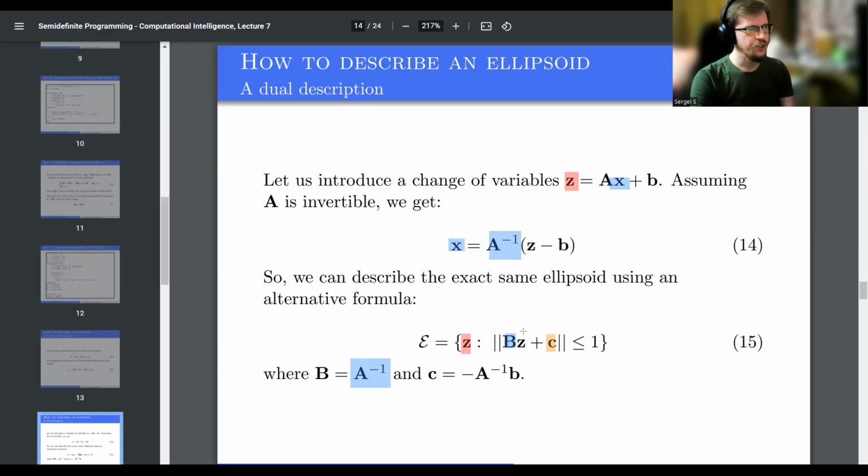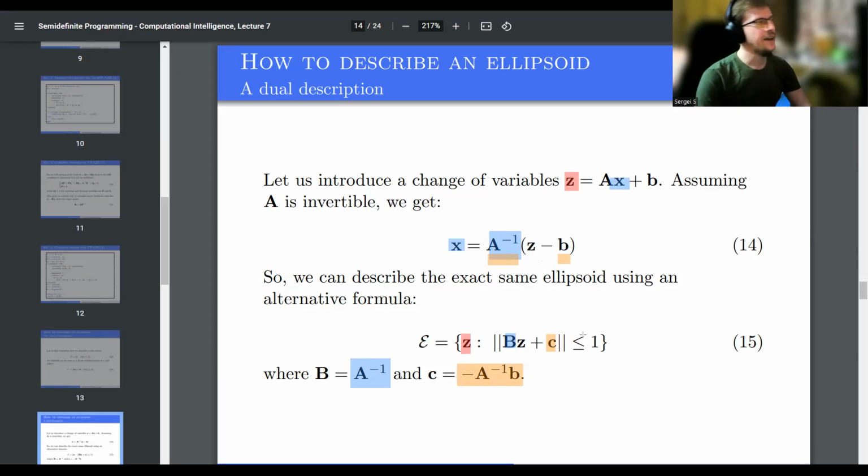Because what we are supposed to have here is norm of X less than or equal to 1, but we don't have an X anymore. We have an expression for it, so we can rewrite it to say B is equal to A inverse. Okay. And what is C? Well, C is minus A inverse times b. So it is kind of like this guy multiplied by this guy.